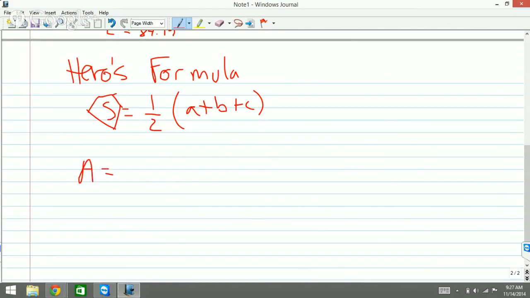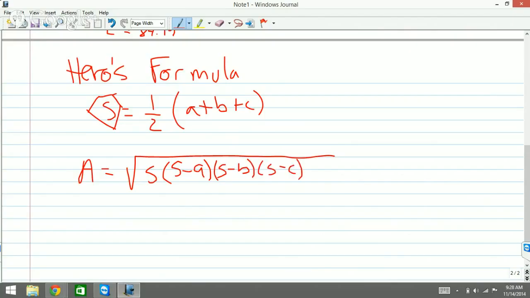You have to have 3 side lengths. This applies if you have 3 side lengths. It's the square root, and it's a long one: S times S minus A, S minus B, times S minus C.